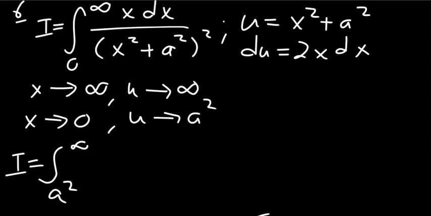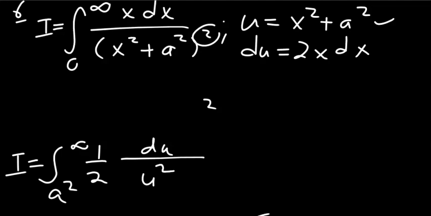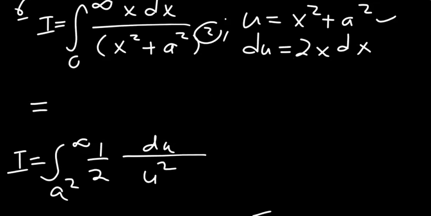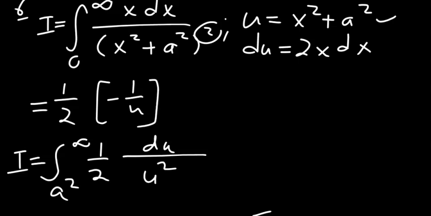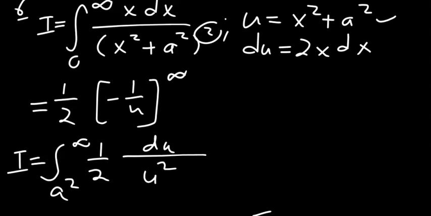x dx is half du, and x squared plus a squared, according to our substitution, is u, and don't forget that squared. And this is just, after bringing half out, minus 1 over u, because that's what you get when you integrate 1 over u squared. The limits, infinity for the upper limit and a squared for the lower limit.